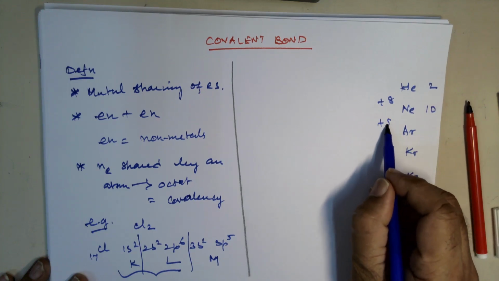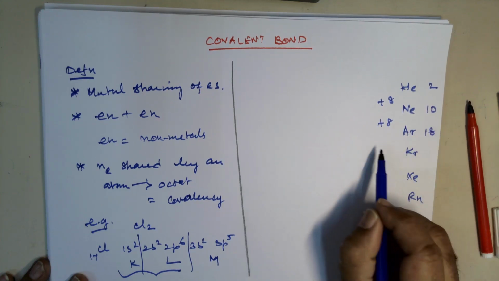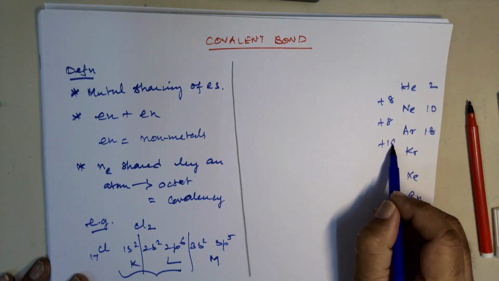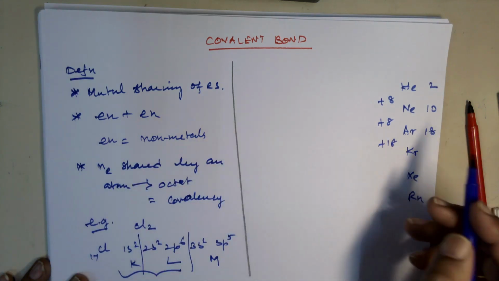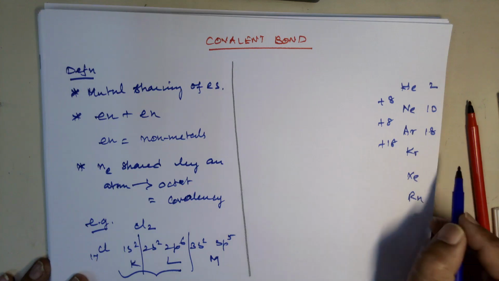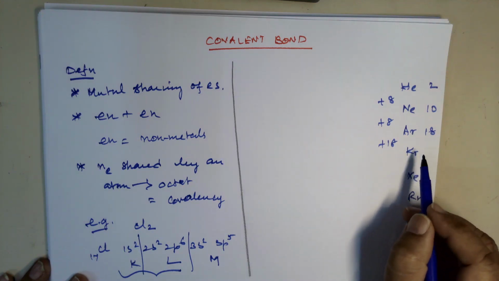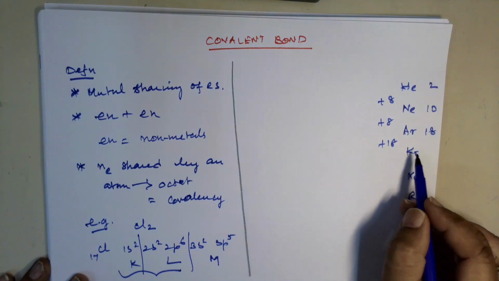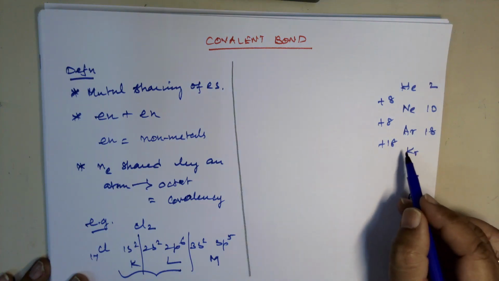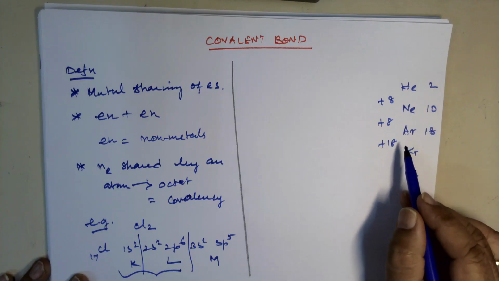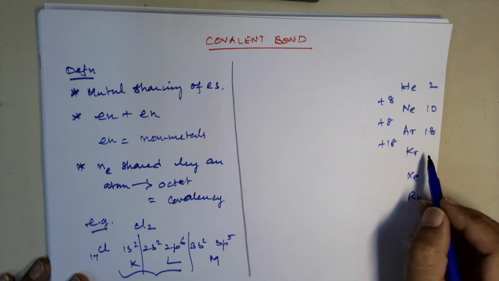Again add 8, you'll get 18. Now this time we have to add 10 plus 8, that is 18. Why? Because it travels across the d block. In d block we have 10 elements, is it not? 10 columns. For each column, that is for each orbital, you have to fill up 1, 1, 1 up to 10. So 10 plus 8, 18. So you have to add 18 here.